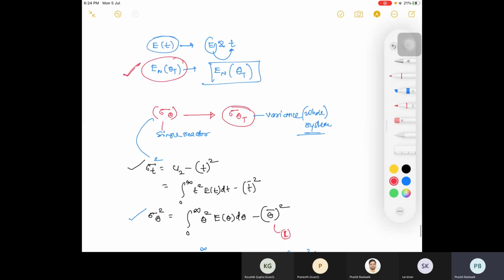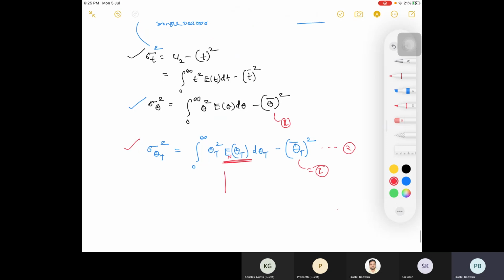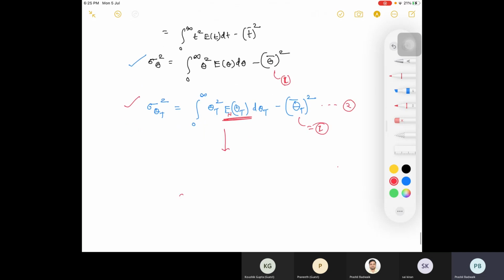If we substitute equation 1 in equation 2, and integrate, what you will get at the exit is sigma theta t square equal to 1 by n. This came from a lot of research, a lot of steps and assumptions. They have converted the whole system into a single parameter, that is, n number of tanks.